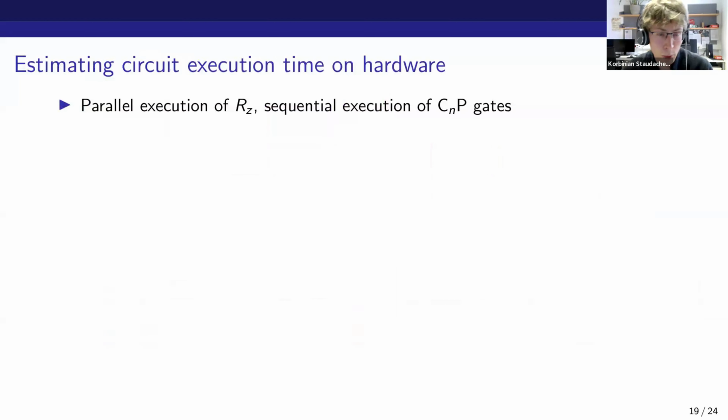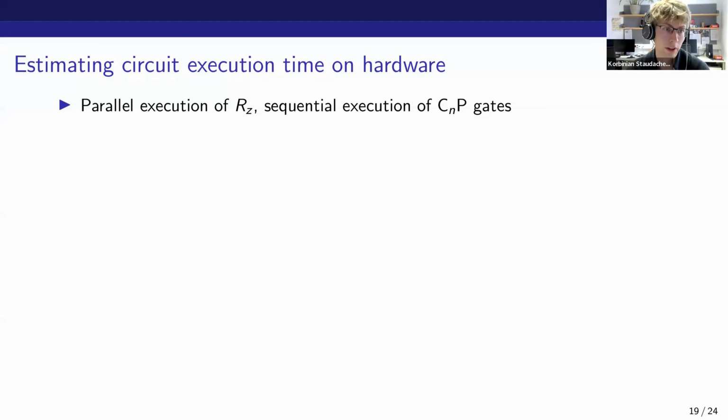Now, for evaluating how this could be useful for neutral atoms hardware, we did some estimate of how long a circuit takes to be executed on neutral atoms hardware. And we made some assumptions.